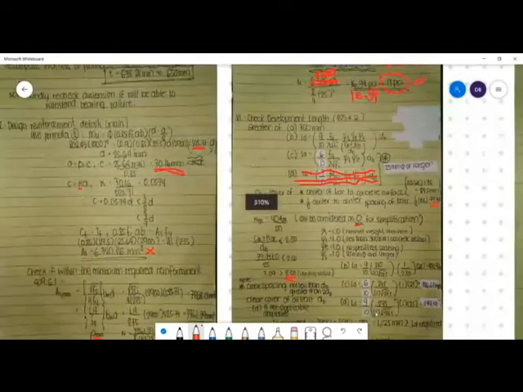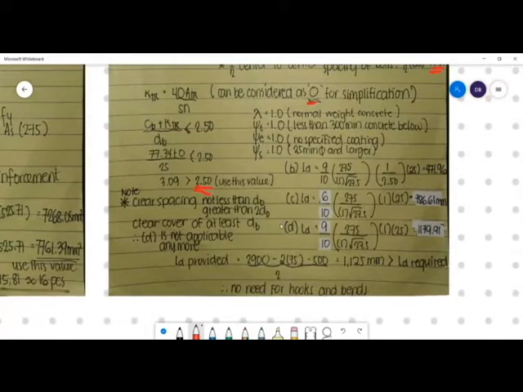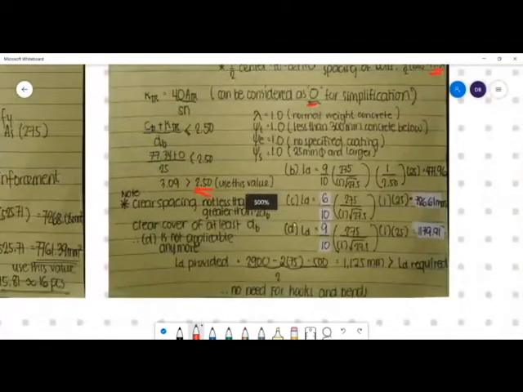So substituting into the formula, we don't need this one anymore, so we don't need formula D anymore. We use formula B, the required development length: 9 over 10, 275 over 1 times square root of 27.5 times 1 over 2.5 times 25, which is 471.96.